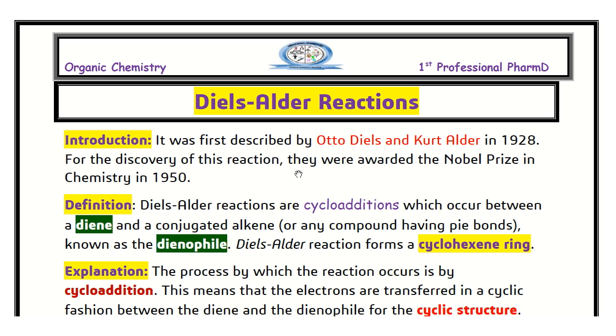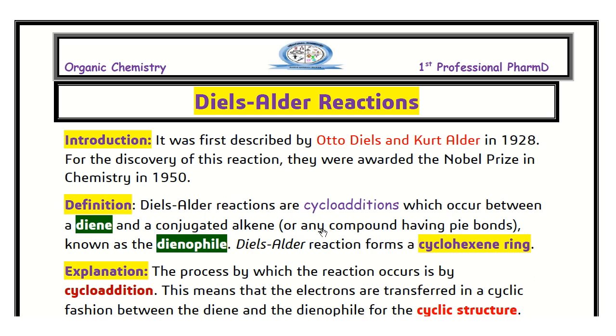A Diels-Alder reaction is basically a type of cycloaddition reaction that occurs between a diene and a conjugated molecule that is mostly an alkene. It can be any other unsaturated compound, but the requirement is having pi bonds.